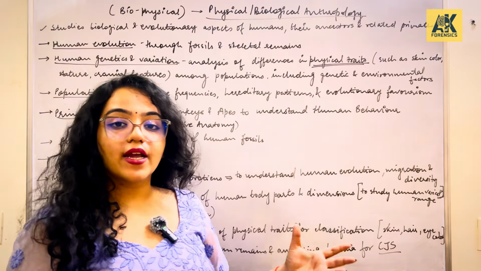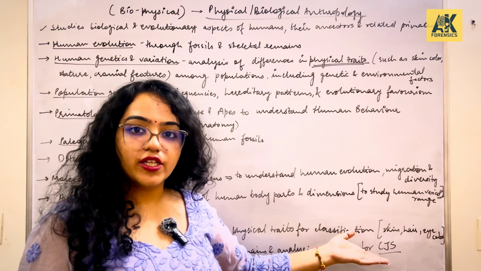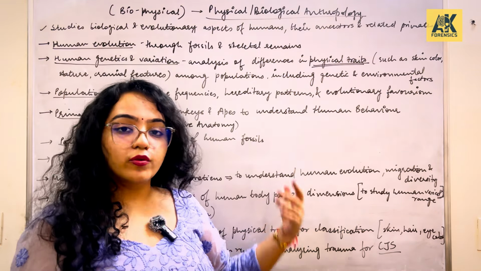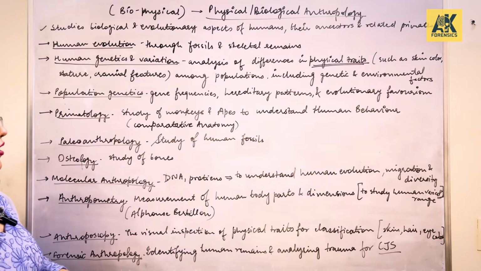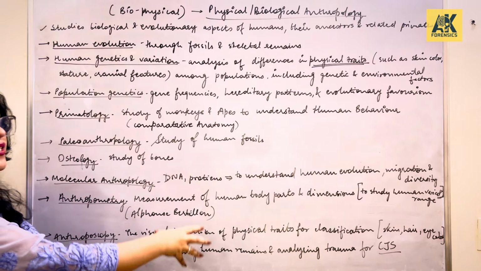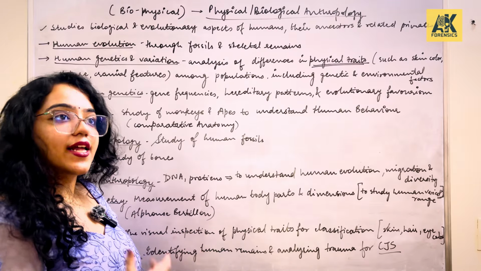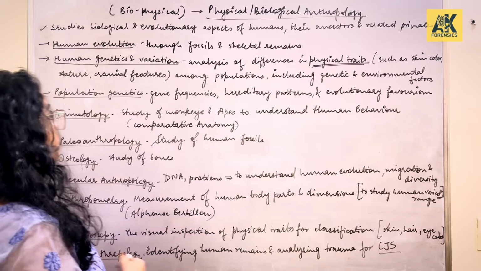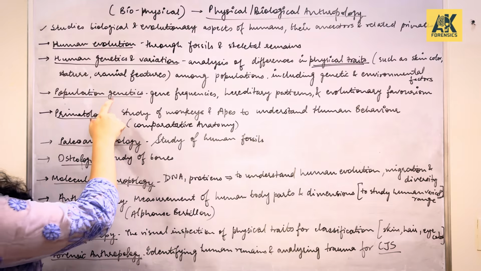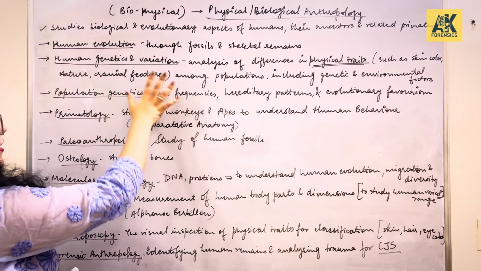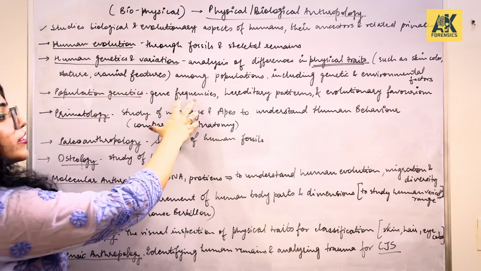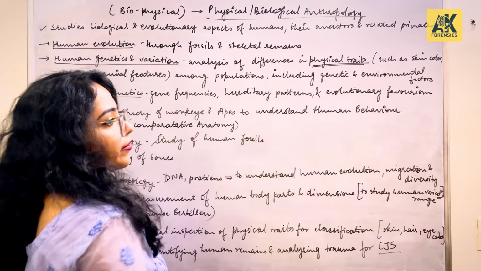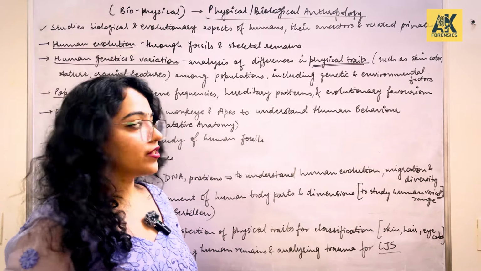So to understand those physical changes that have arisen over a period of time is very important, and the field of physical and biological anthropology helps us to explore that, right? Then there comes population genetics. As I told, there are these gene frequencies, hereditary patterns, there is natural selection, right?